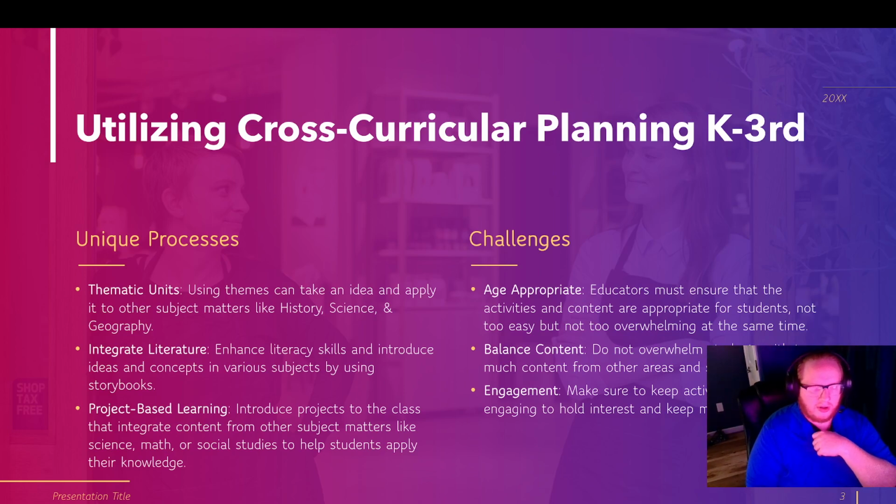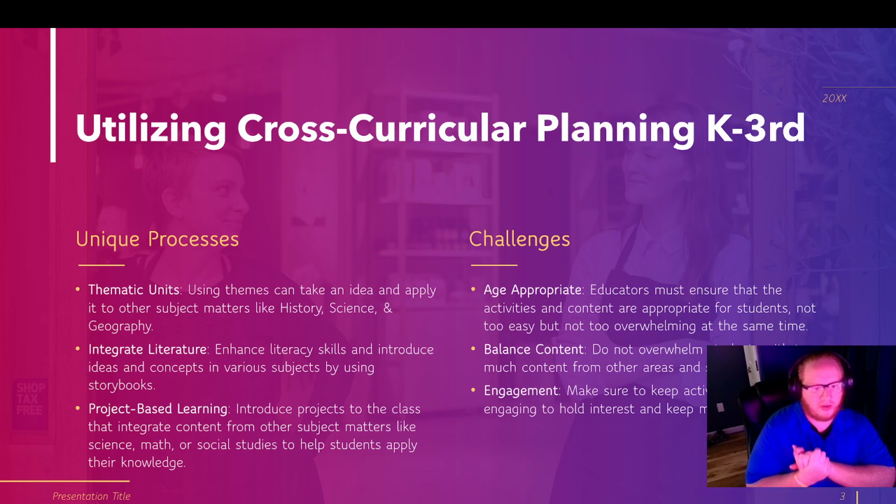In K through third, things that you can do, different processes, you can use thematic units. It takes an idea and applies it to other subject matters such as history, science, and geography. You can integrate literature itself into other subjects using storybooks.